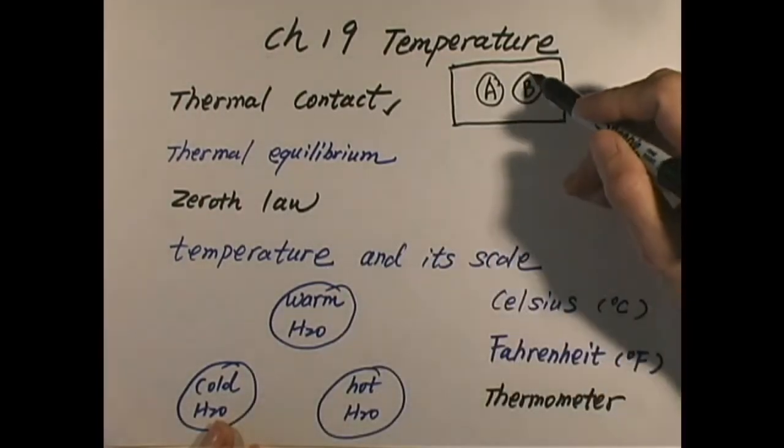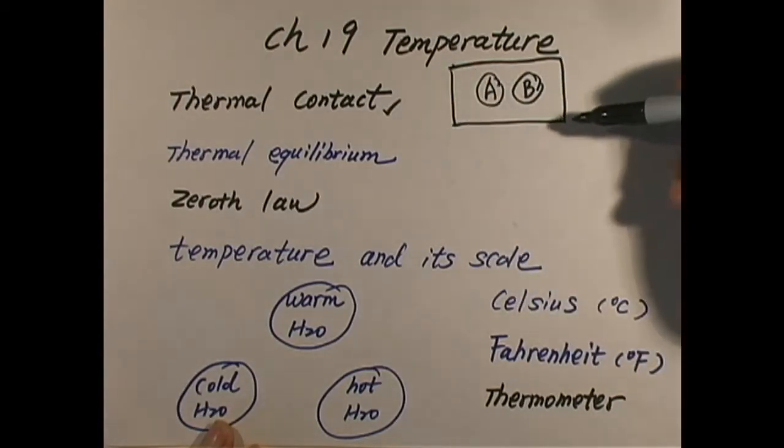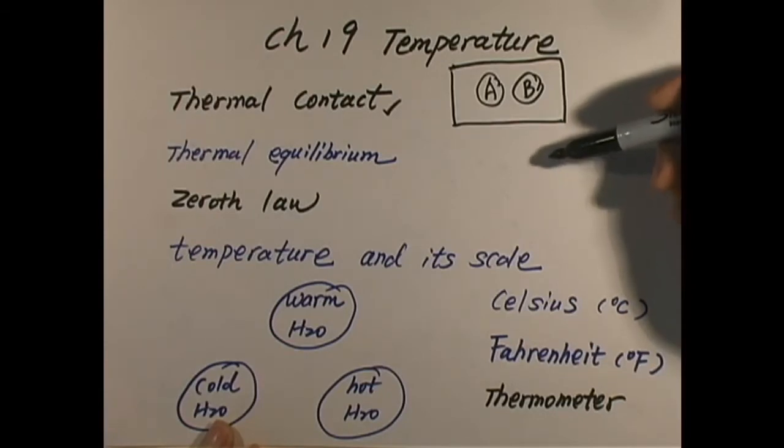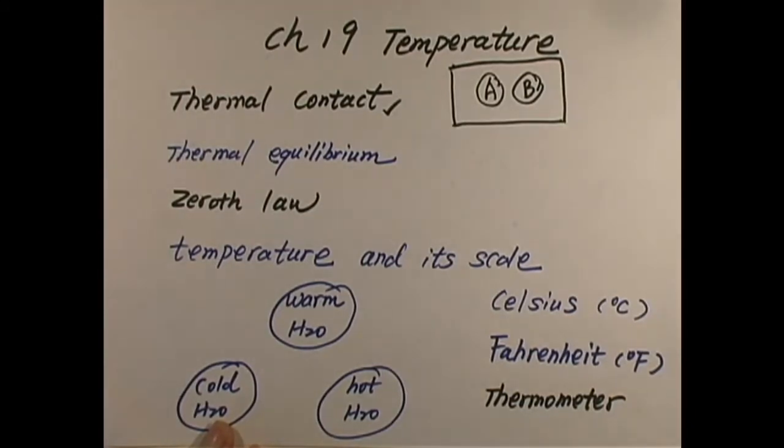For example, if we place object A and B in the insulated box and they are in thermal contact, and initially A and B start to exchange energy, but at some point there is no more change of energy between A and B, then we say they are at thermal equilibrium. That actually means they are at the same temperature, because no more exchange of energy means they are equal at a certain potential. In that case, that physical property is what we call temperature.